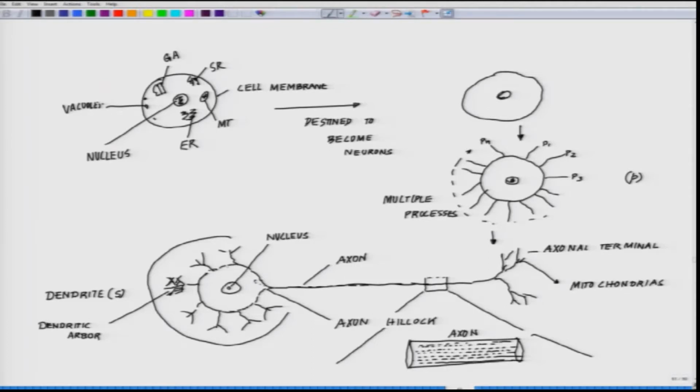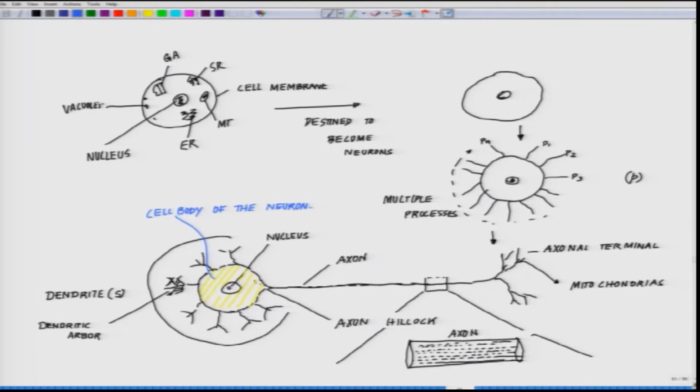So, this part, the nucleus and the surrounding structure, let me shade it in yellow for your convenience. This is the cell body of the neuron.